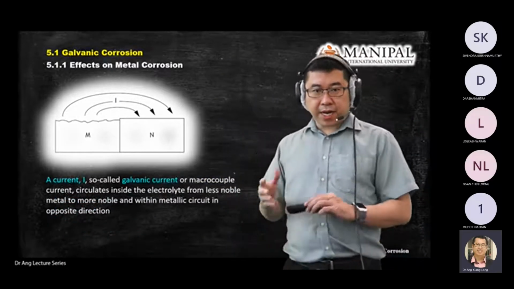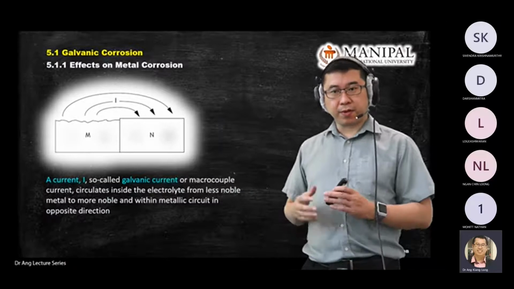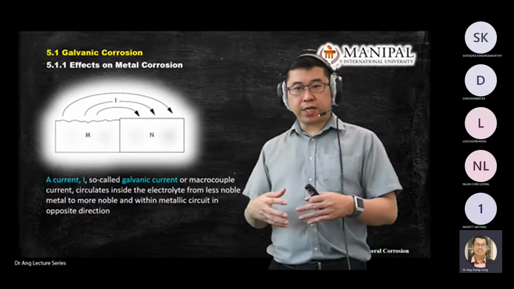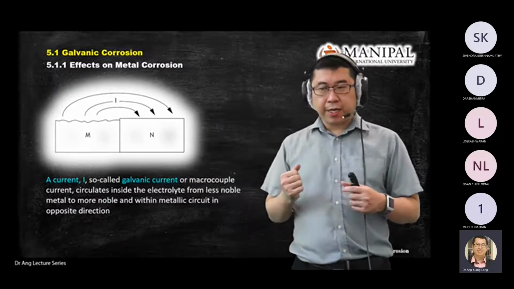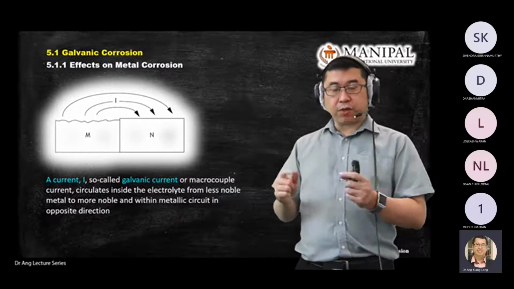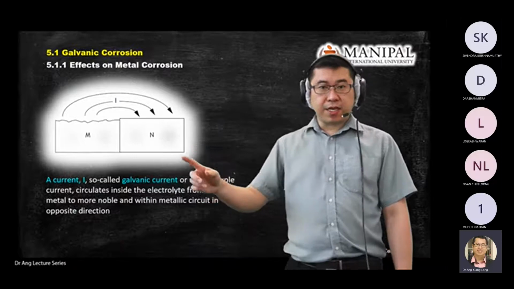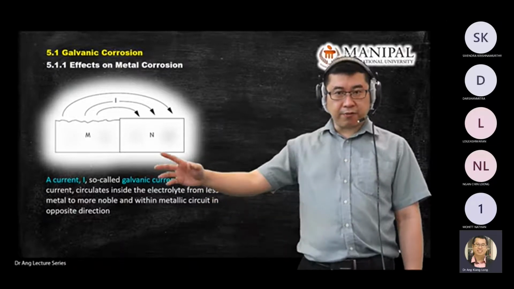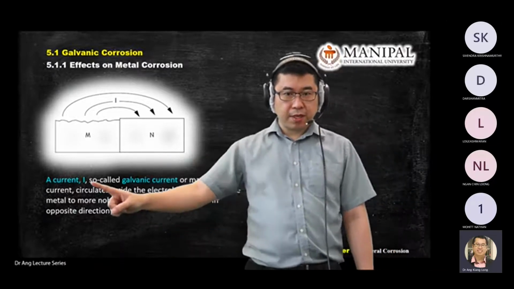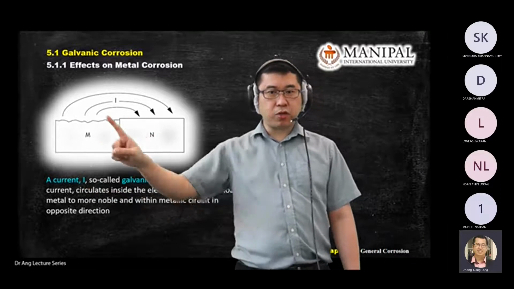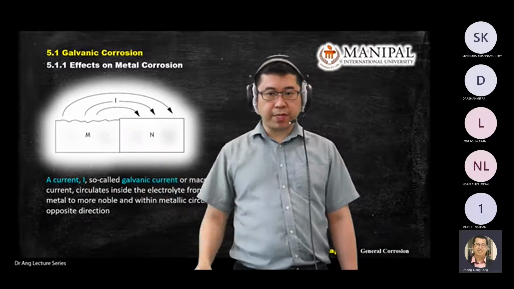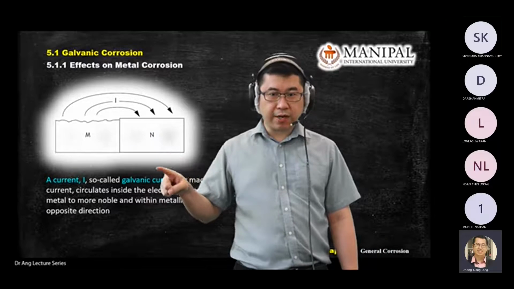Next, we talk about current. In your introduction to electronics, you learn about voltage, current and resistance. In galvanic corrosion, the current flowing between the two metals is called galvanic current.